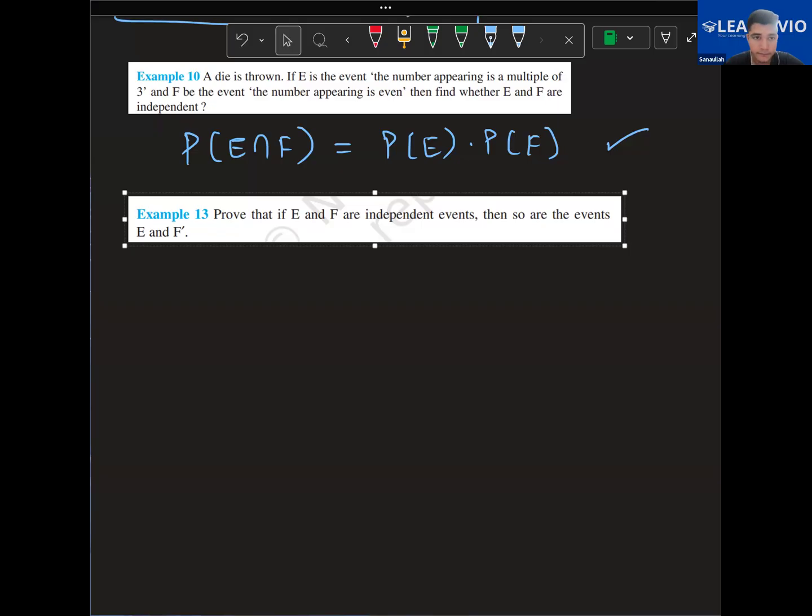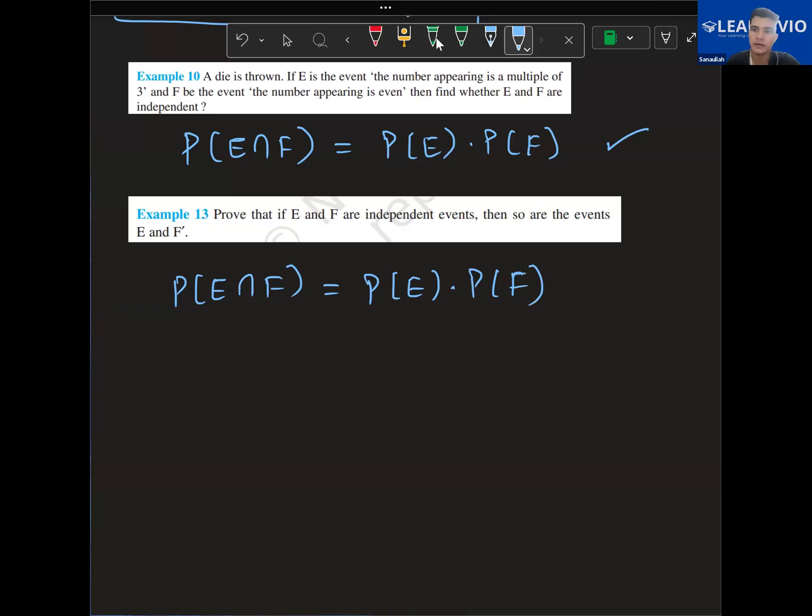Sir, can you show how to do it? Yes. Algebraically. देखिए हमारे पास क्या गिवन है. We have the probability of E intersection F as the probability of E into probability of F. This is given to us. Now what you have to prove?